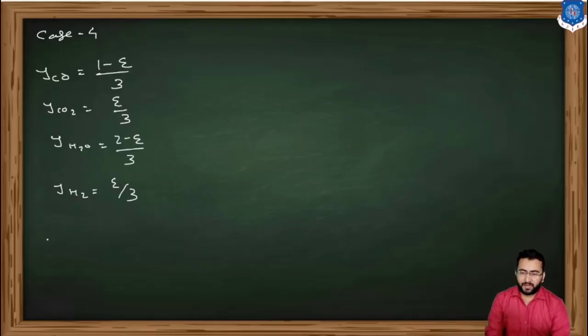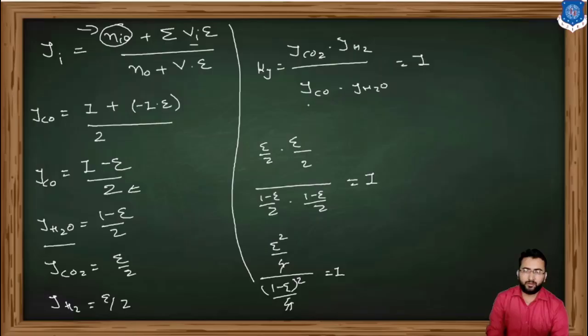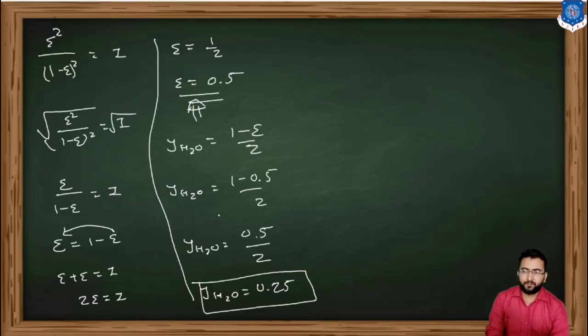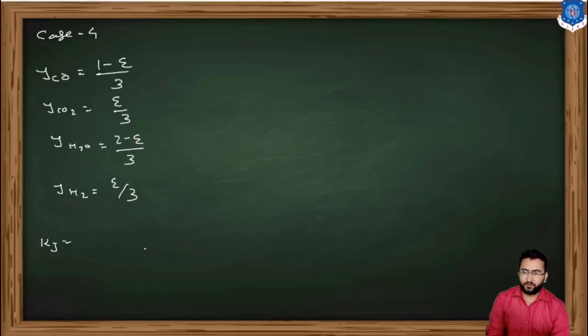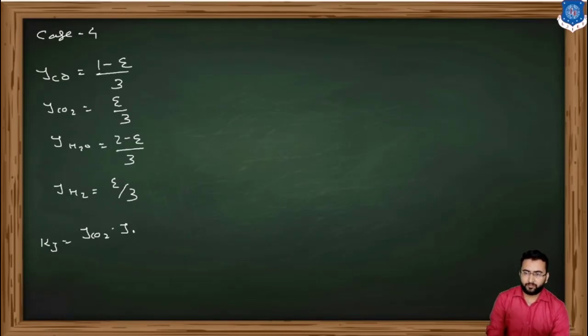So if I am going to put the value of all these terms, we have to use this equation: Ky is equal to Y of CO2 into Y of H2 upon Y of CO into Y of H2O, which is equal to 1.